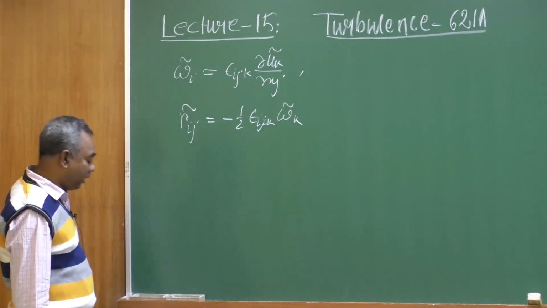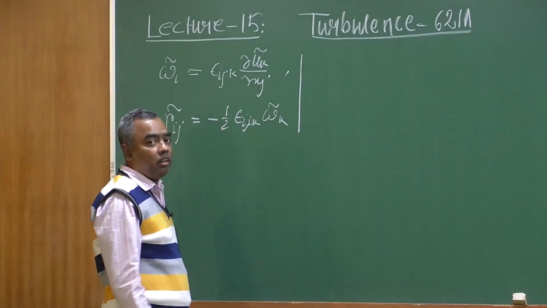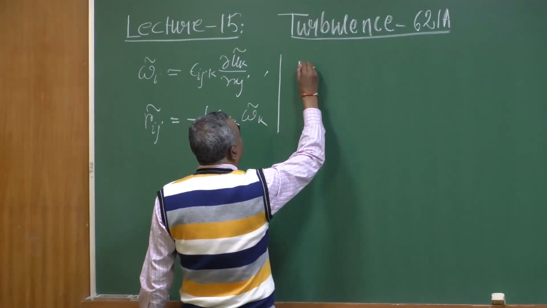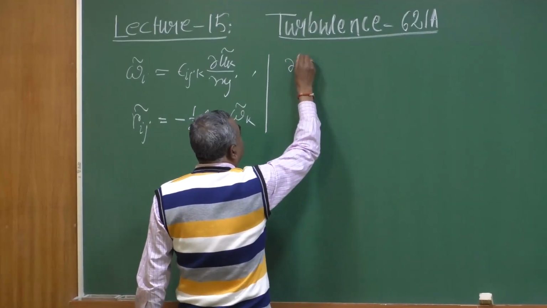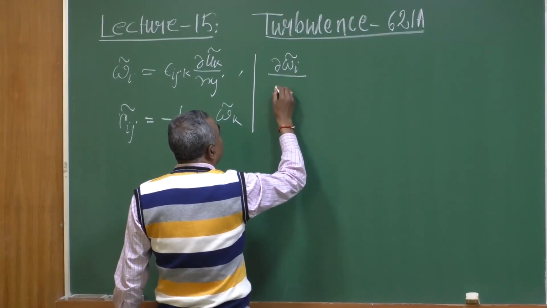Then we have also derived the vorticity transport equation, and let me write it here, what we got. So, let me write in index notation, because this is the form we will finally use in this course.